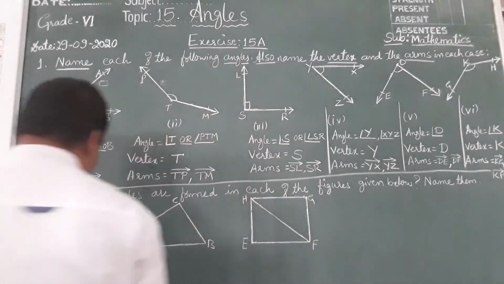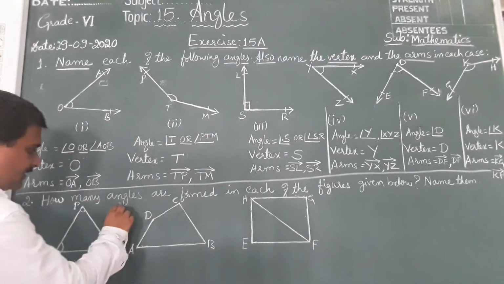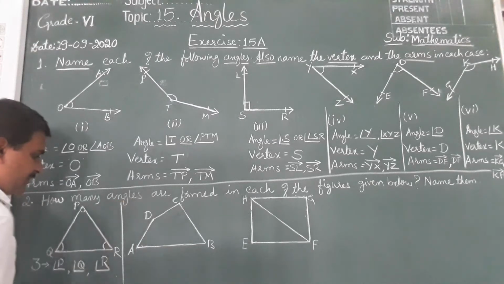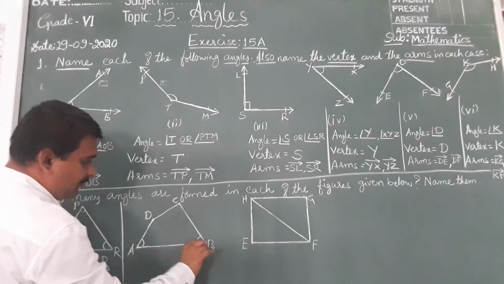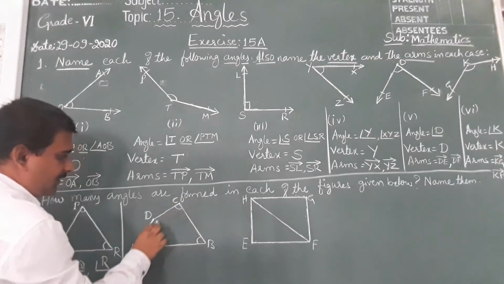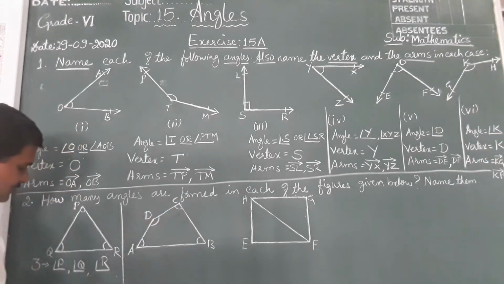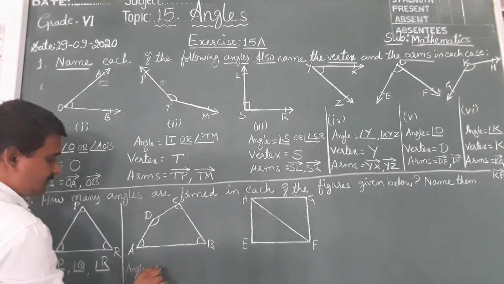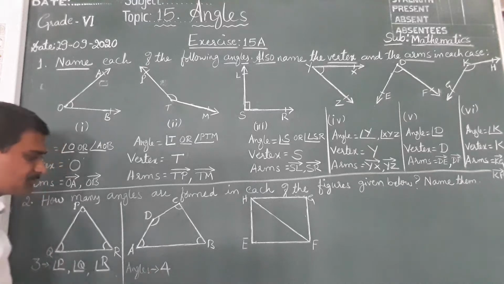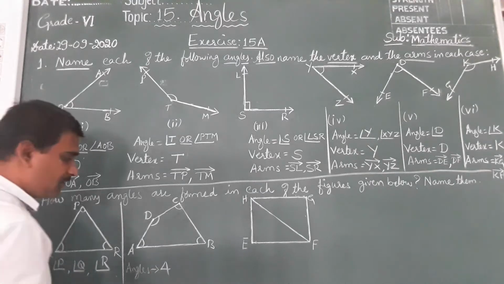Okay. Let us count here in the second picture how many angles are there. Angle A, angle B, angle C, angle D. Total angles are 4.